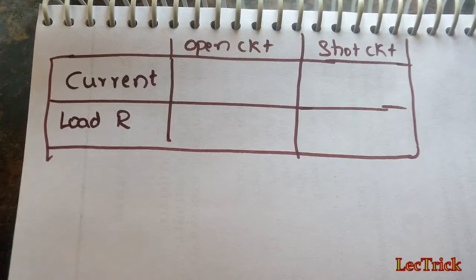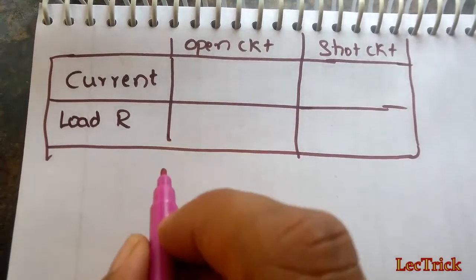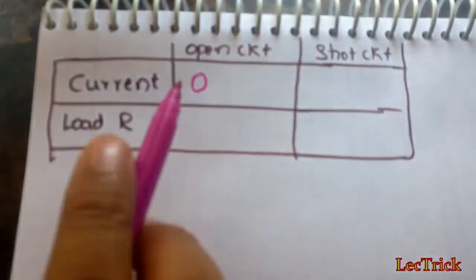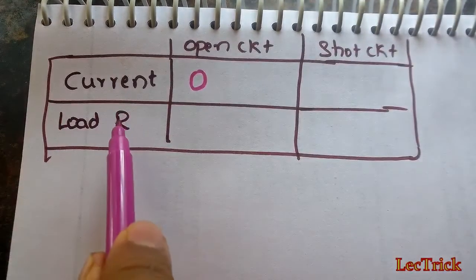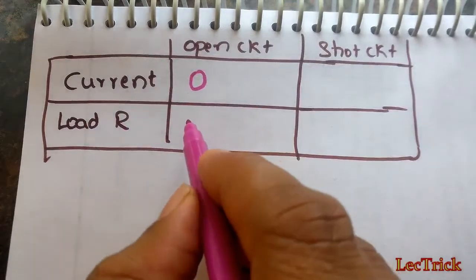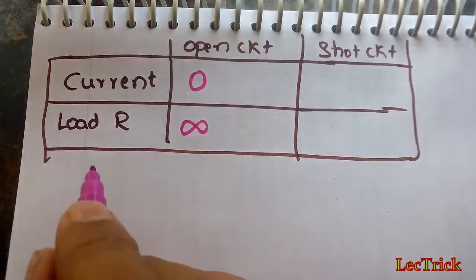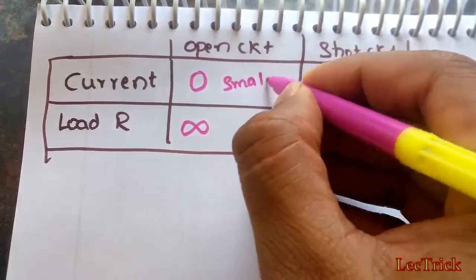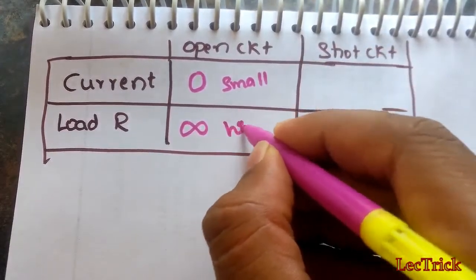In the open circuit, what will be the current? In the open circuit, current will be very small, say 0 or very small. Load resistance is very high, maybe infinite.